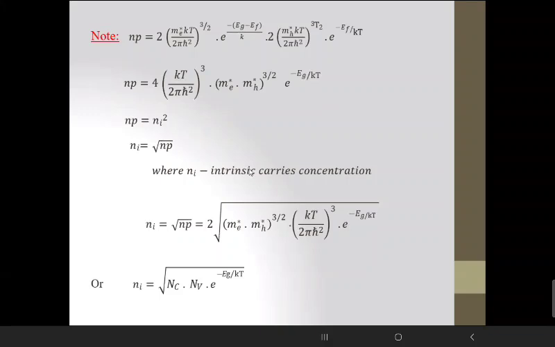Now you need to find out the multiplication np. So you need to multiply n and p. When you are multiplying, you will get (me star mh star) to the power 3 by 2 exponential of minus Eg over kT.